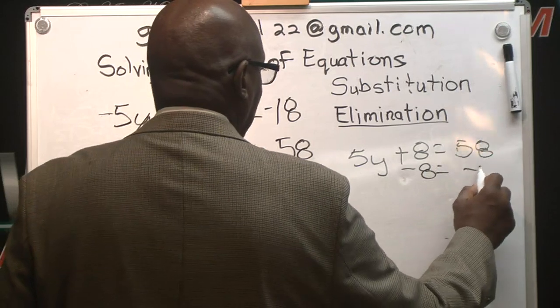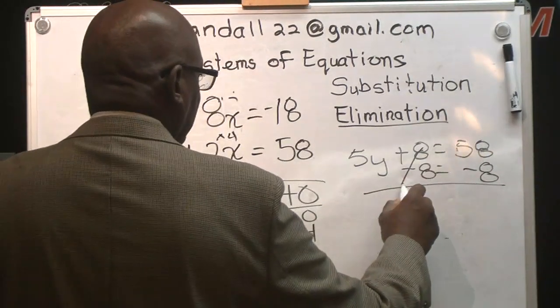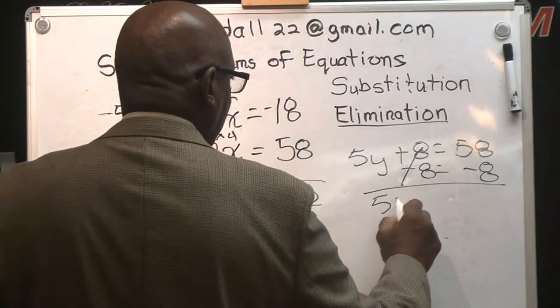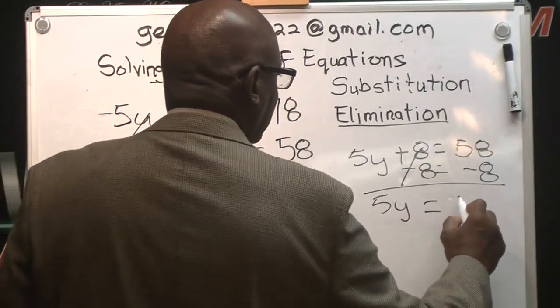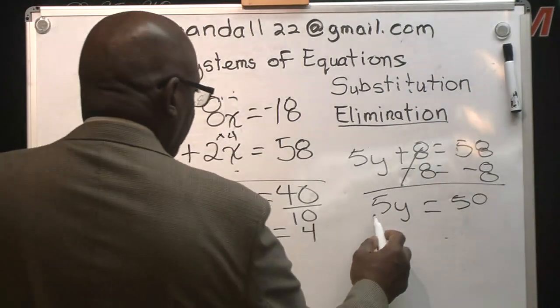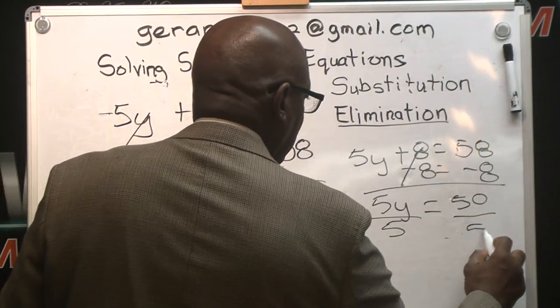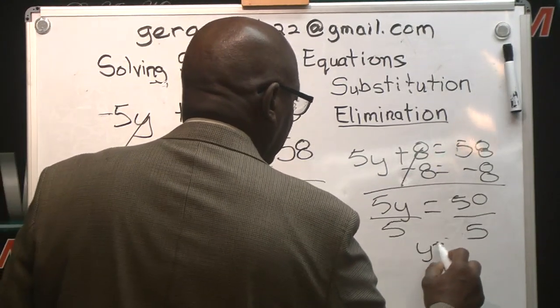Whatever we do to one side, we must do to the other. This is eliminated. We have 5y equals 50. Undo multiplication by dividing by 5. y equals 10.